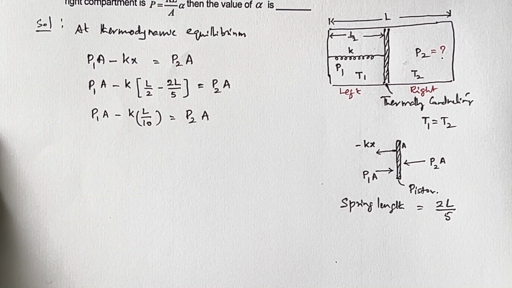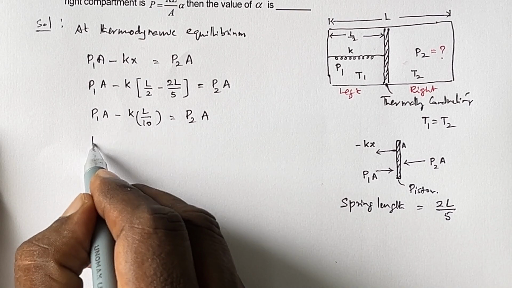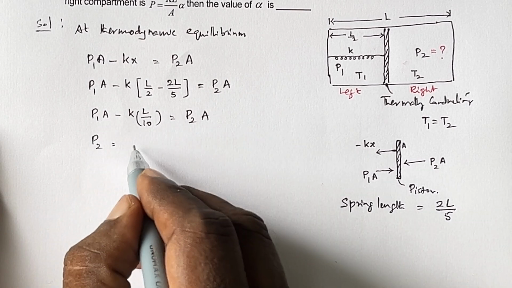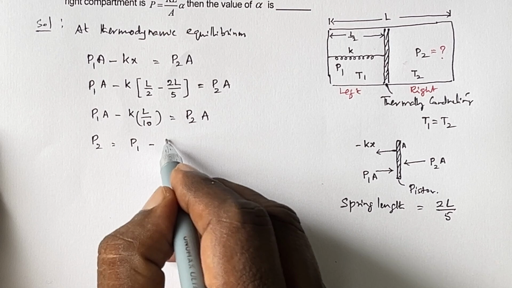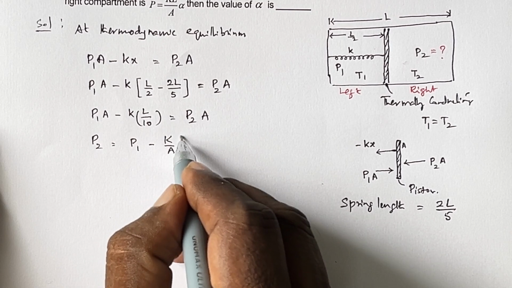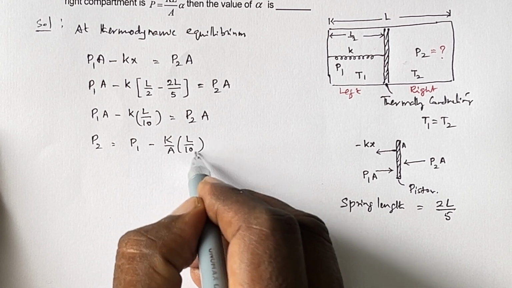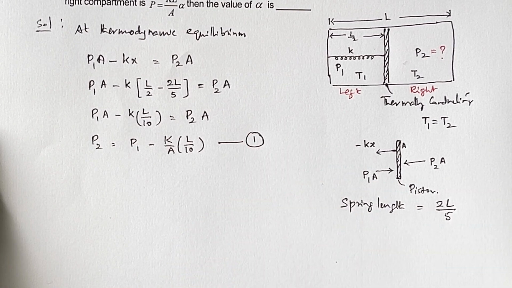So here we have to calculate P2. P2 is equal to P1 minus K/A into L/10. This is equation 1. The system is in thermodynamic equilibrium, so the temperatures are also the same. We also know the piston is thermally conducting, so on both sides the temperature is the same.